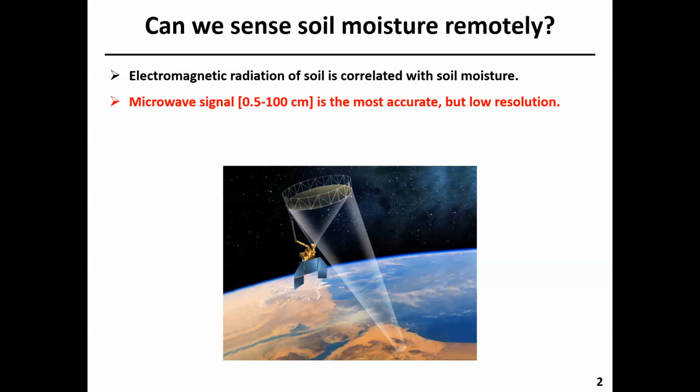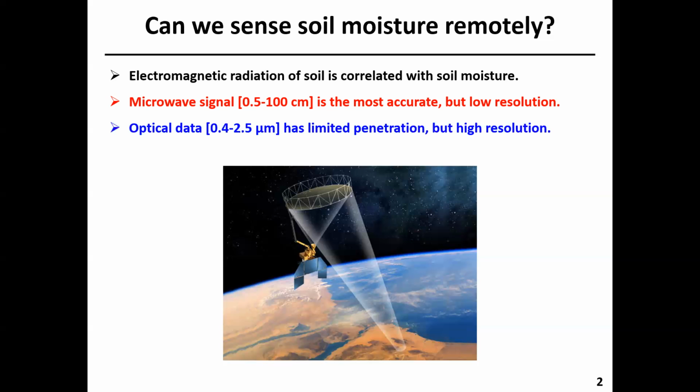The major limitation for local studies is its resolution. It's more appropriate for global scale because the microwave data provide relatively low resolution. So that's why we are also interested in optical remote sensing approaches for soil moisture mapping, because optical data can provide much higher spatial resolution.